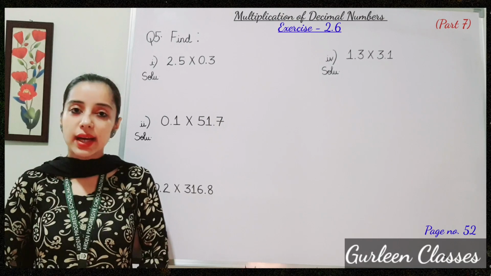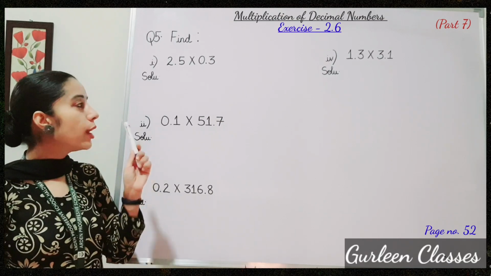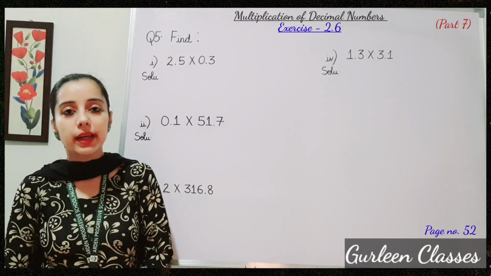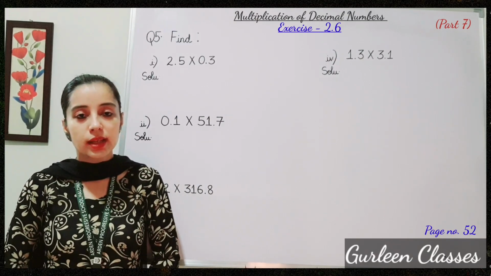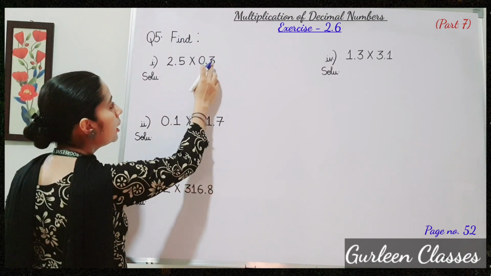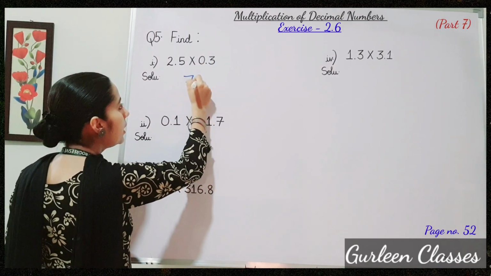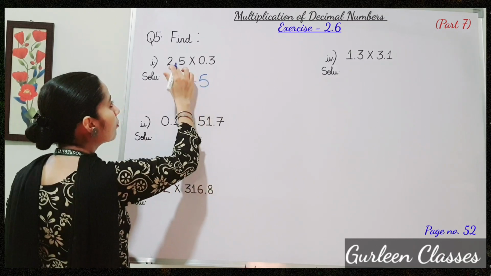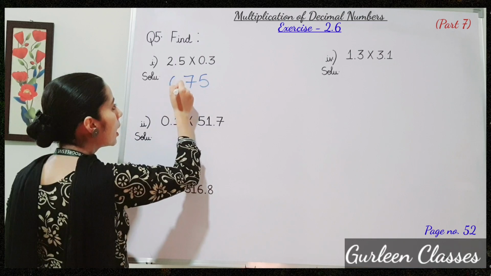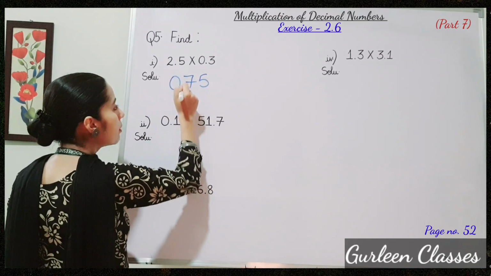Question number 5, find. First part, 2.5 into 0.3. These questions are based on multiplication of a decimal by a decimal. So ignore the decimal point and multiply 25 into 3, that is 75. After the decimal points, 1 and 1, 2 digits are there. So your answer is 0.75.